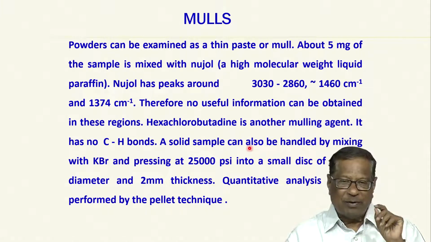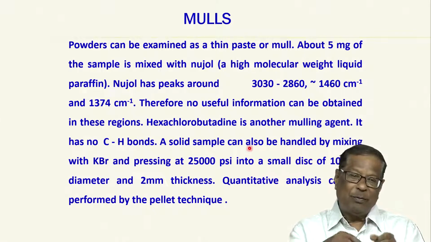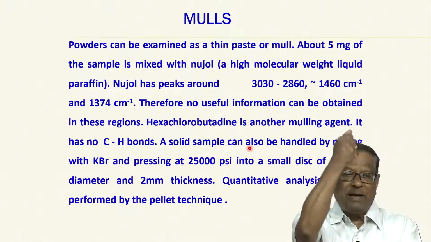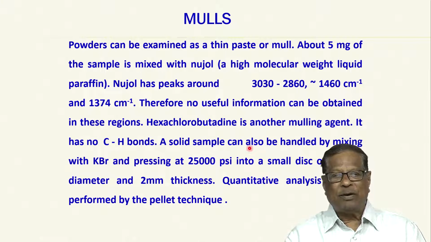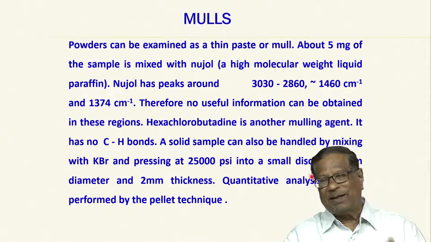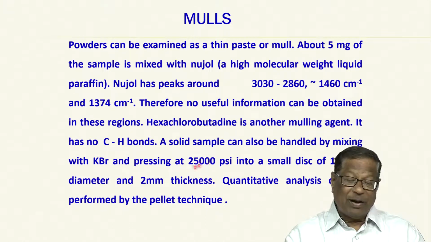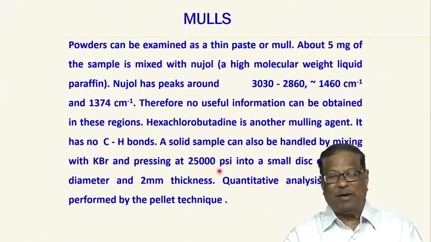When it becomes a very thin, nice uniform mixture, all you got to do is put it in a small cavity, press it, and you will get a small disc, 1 naya paisa size, still smaller, 0.5 mm thick, containing potassium bromide and your sample. That you can use directly in the IR sample compartment.